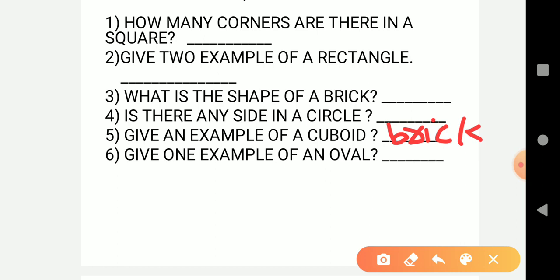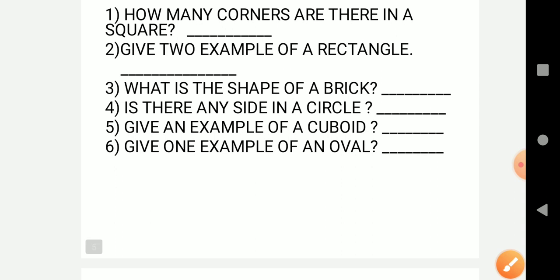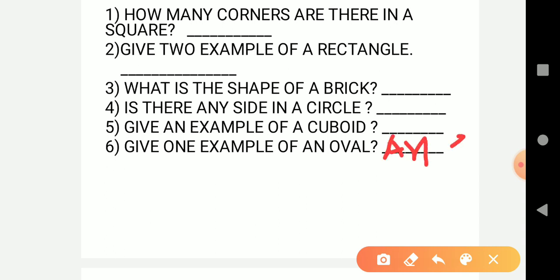Okay, give one example of an oval. ओवल शेप का एक एग्जाम्पल दीजिए. An egg का shape oval जैसा होता है.